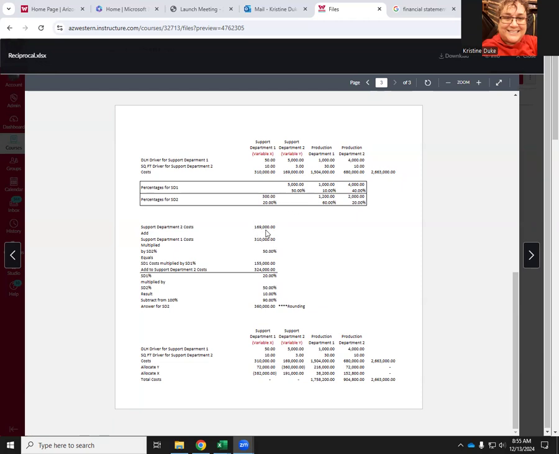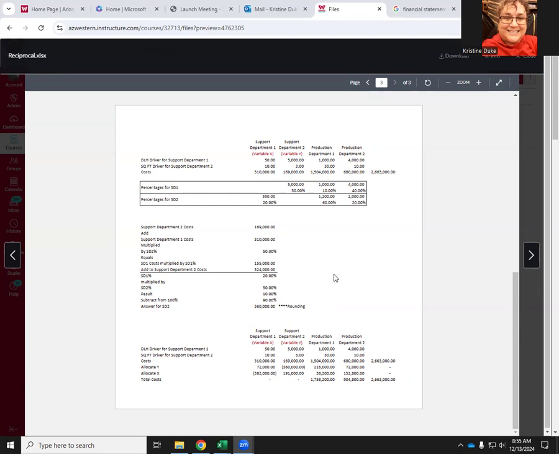And I'm coming over here, and here's my cost. Then I need to multiply certain things by factors, and it's just a pain in the butt. I've got some rounding over here. And then in the end, I end up allocating from support department 2 to support department 1. And there's my total, and here's my other total there.